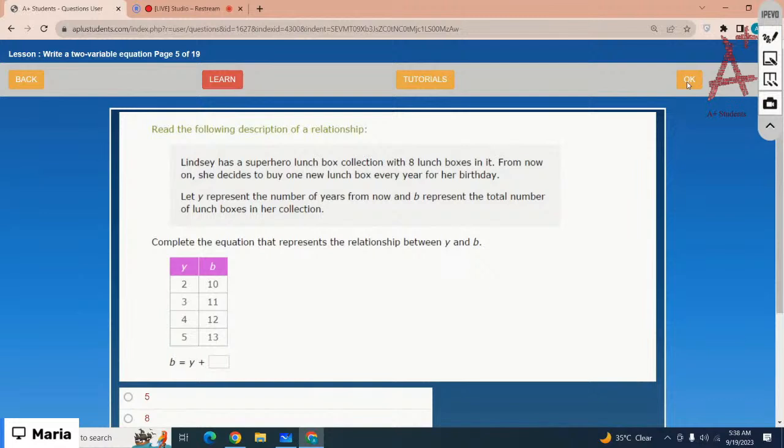Complete the equation that represents the relationship between Y and B. So which is the correct option? 2 plus what number equals 10? 2 plus 8 is 10, right? That means the equation is B equals Y plus 8. The correct option is B equals Y plus 8.